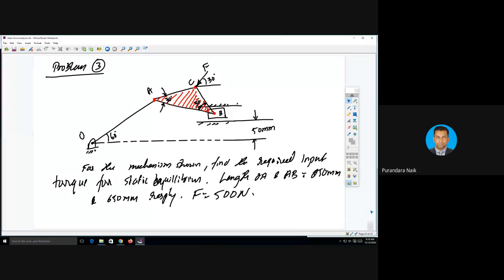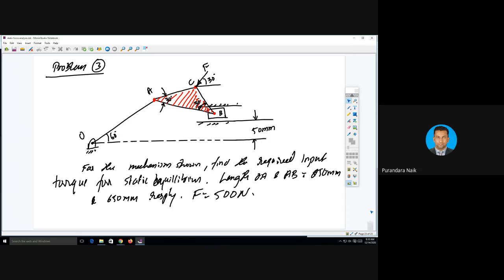There is a force acting on link number two, ACB, link number three. The force F is given, that is 500 Newton. So we need to find out the torque required to stabilize the system, or for the static equilibrium, right?